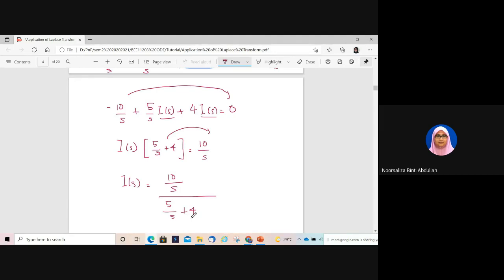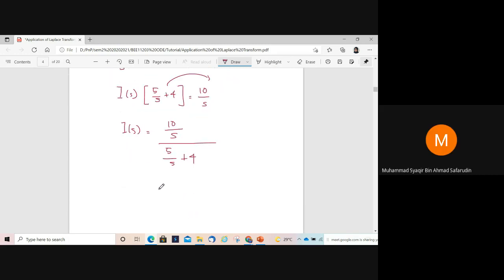Okay, so try to simplify 10 over S divided by this. Can't. Multiply by S over 5, S over 5 plus 4S. Yep. Right? This one, right?